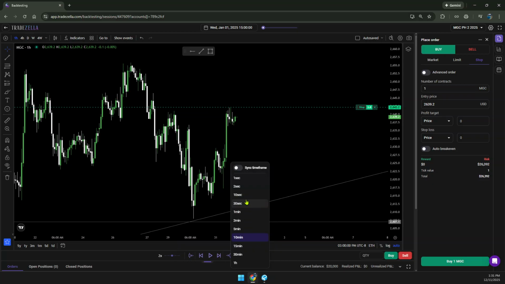I highly suggest that you see the candle movement in your back testing. If you just jump candle to candle, you do not get that feeling of watching that candle move. It's a very, very huge anxiety lesson.